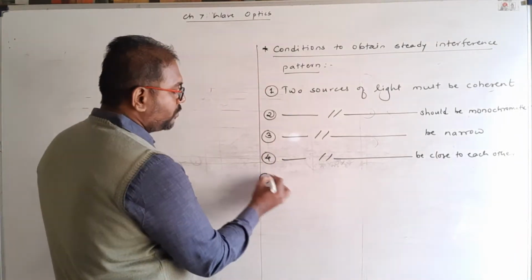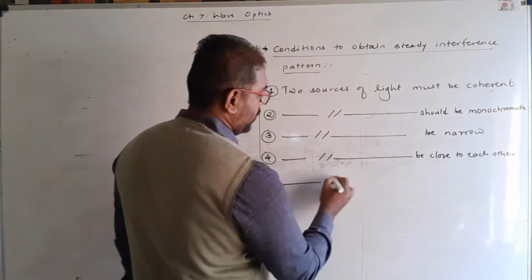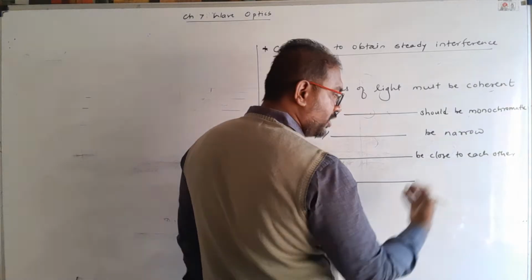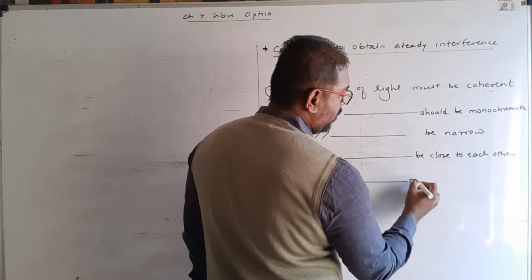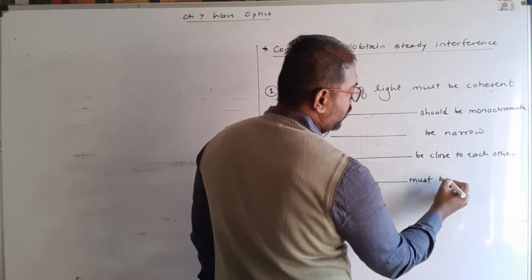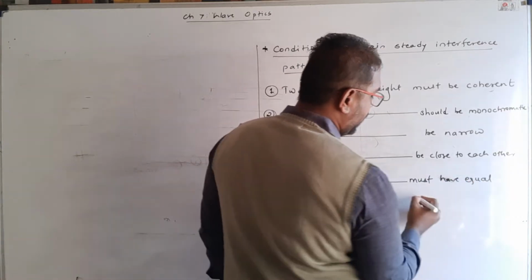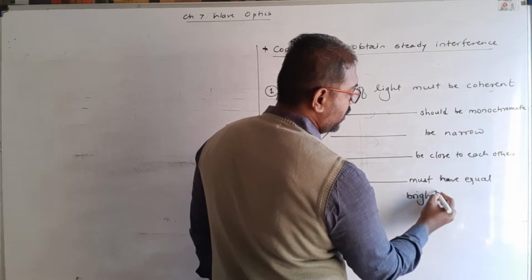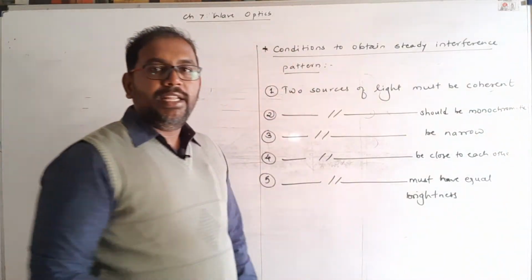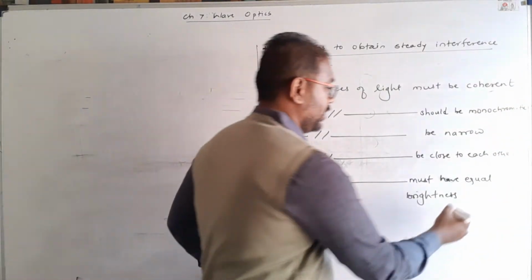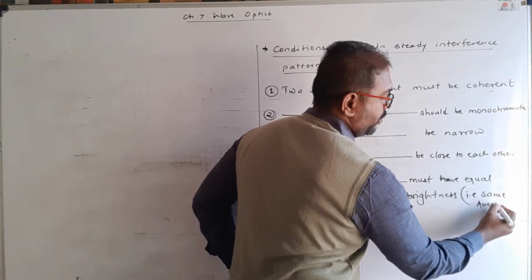Now the fifth one is two sources of light must have equal brightness. Equal brightness means the same amplitude.